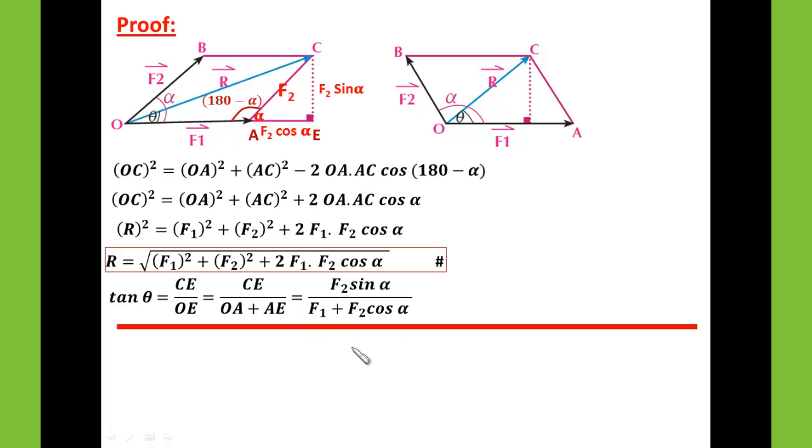And don't forget, theta is the included angle between the resultant and the first force. Here it is always the first force, F1. So the angle between the resultant R and F1 is theta.